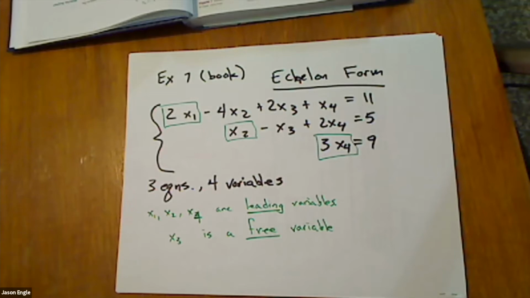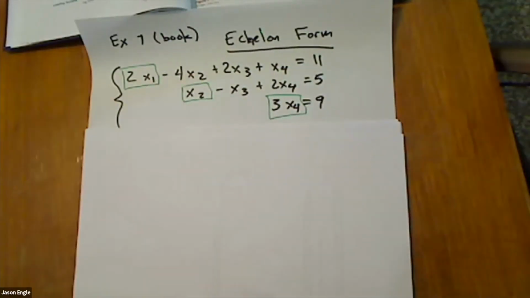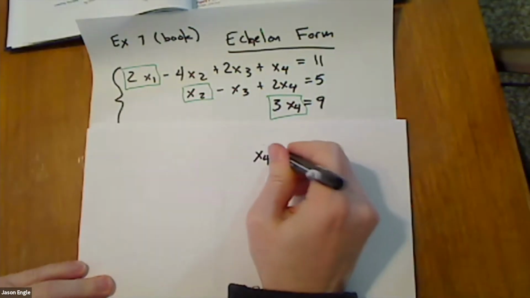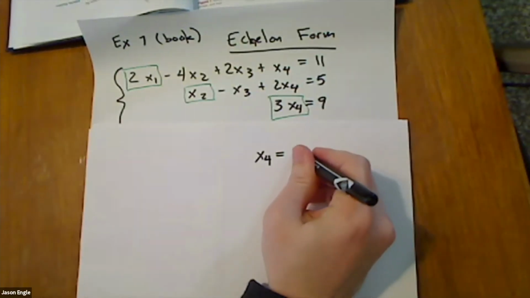And so for this reason, if I do the back substitution like I did with the triangular system, here it's going to unfold in a different way, okay? So I'll show you what I mean. Using the method of back substitution, if I divide the third equation by 3, in other words multiply it by 1/3, x4 is equal to 3.